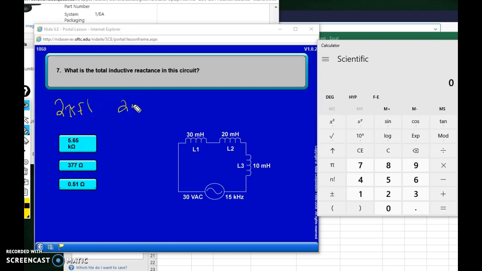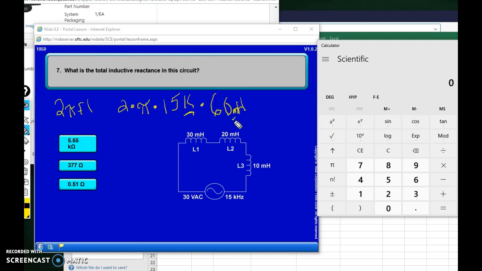Obviously, it'll be 2 times pi times frequency, which is 15K. And notice this K right here. Then it's times the total, so 30 plus 20 plus 10, 30 millihenries plus 20 millihenries plus 10 is 60 millihenries.